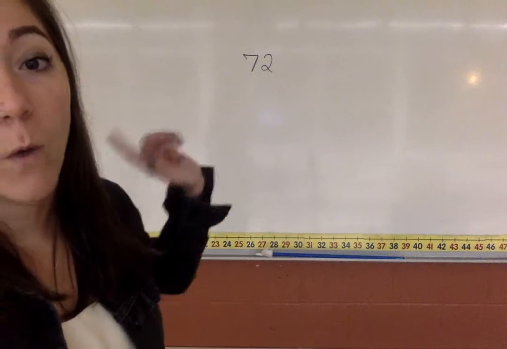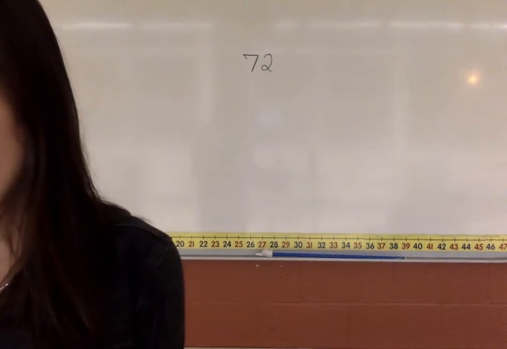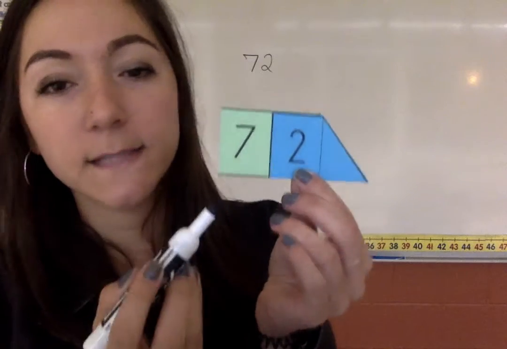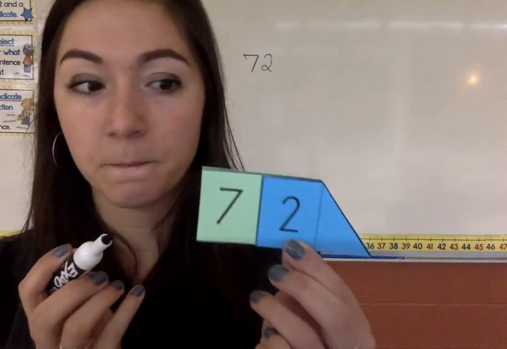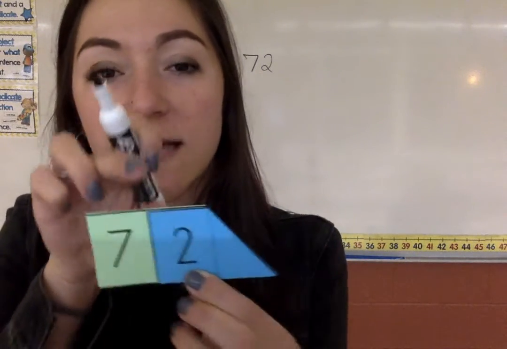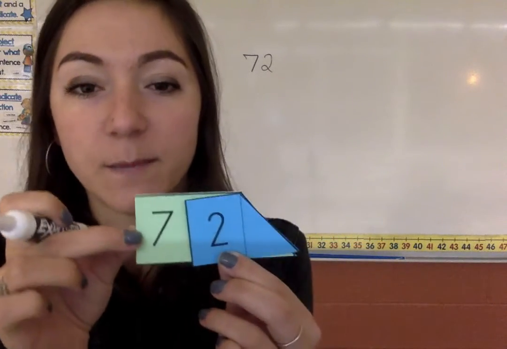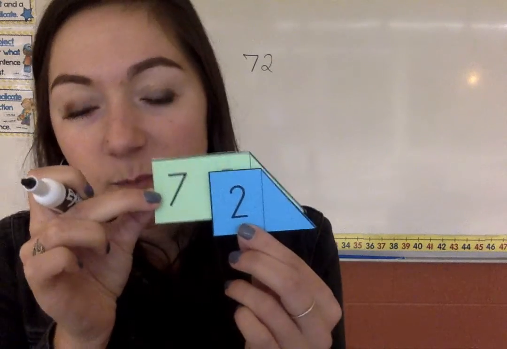So one way we can break apart numbers is by place value. Okay, so imagining that we have our place value cards in front of us, you always need to ask yourself, what does this 7 represent based on the place that it's in? Since it's in the tens place, we know this 7 is going to represent 7 tens, or if we separate our place value cards, 70. That hidden 0 is behind there.